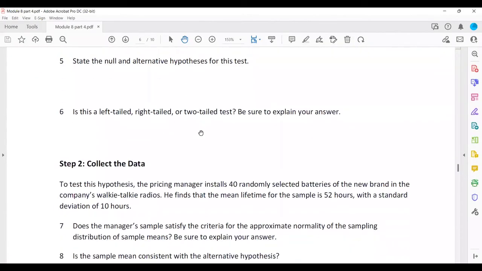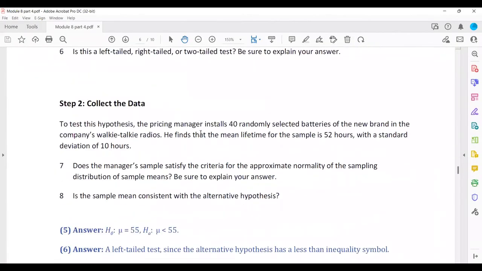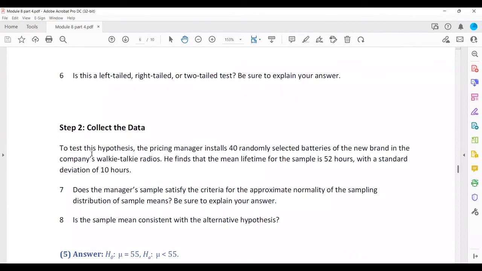Well, in the next step, they're going to collect some data. To test his hypothesis, the purchasing manager installs 40 randomly selected batteries of the new brand in the company's walkie-talkie radios.